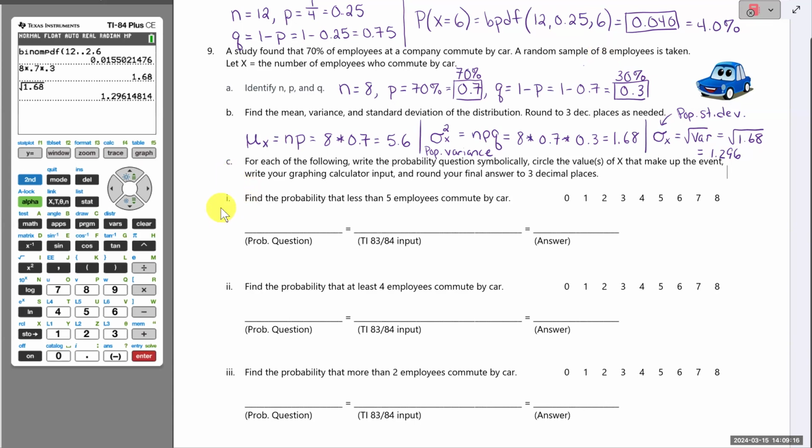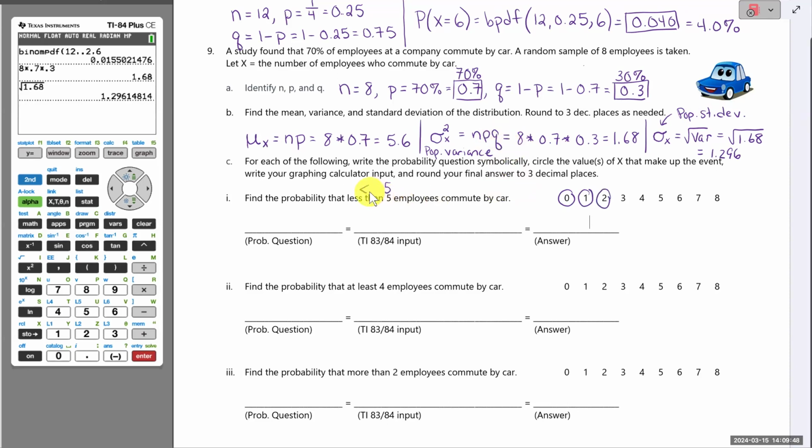So we'll switch now to probability. Number 1, find the probability that less than 5 employees commute by car. So I'm just going to write my less than sign. Less than 5 employees commute by car. All right, so these are my possible values of X. Less than 5 employees might mean that none of them commute by car, or maybe 1 out of the 8 commutes by car, or maybe 2 out of the 8.